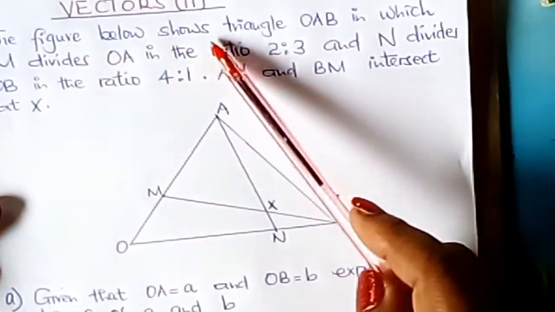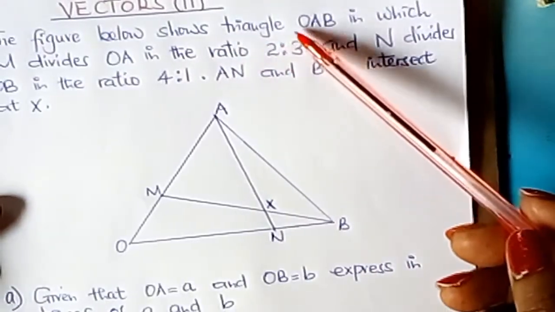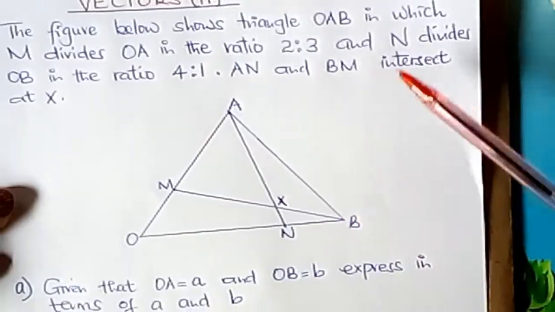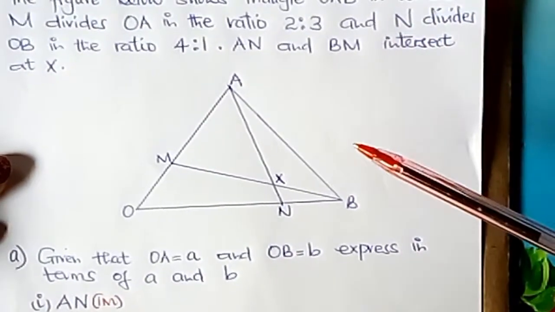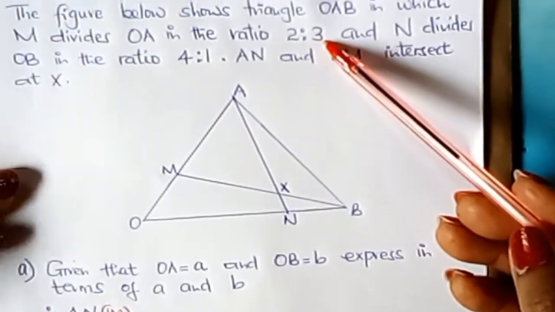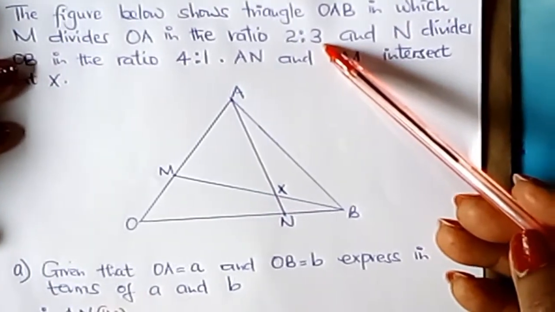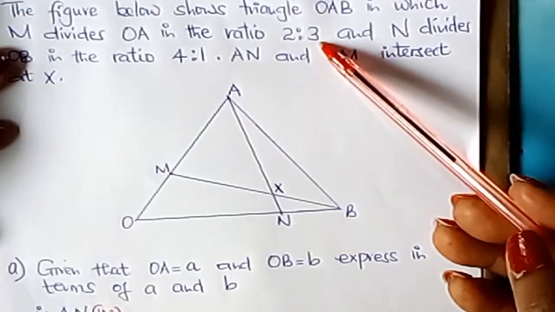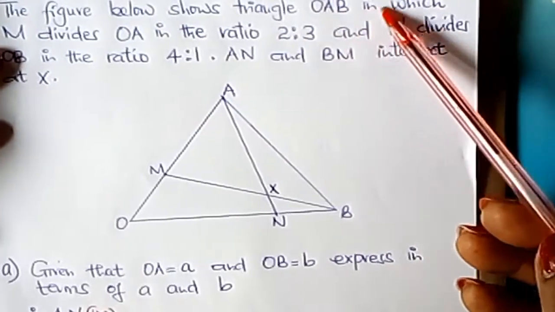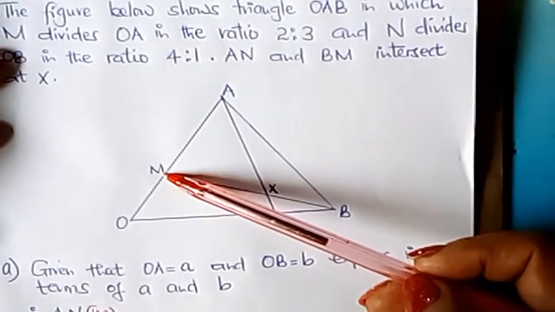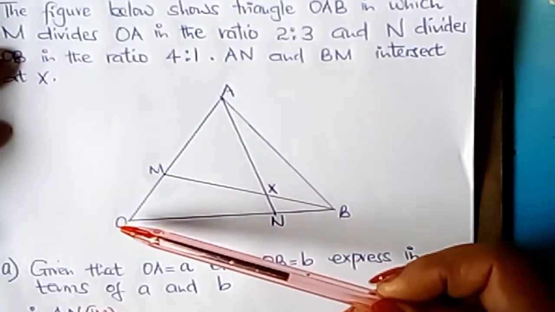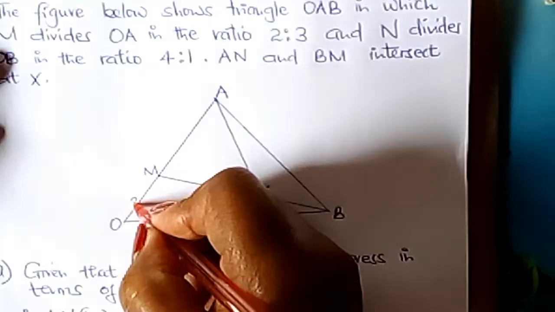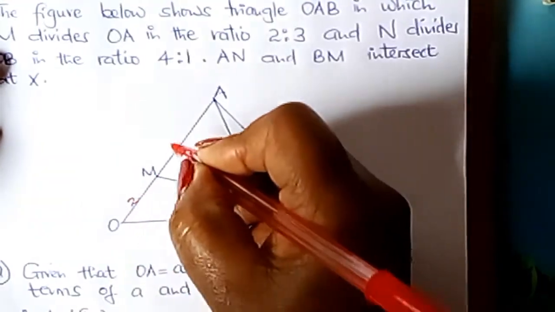The figure below shows triangle OAB, in which M divides OA in the ratio 2:3. Learner, you read slowly as you fix some figures on the diagram. We are told that M, this M here, divides vector OA in the ratio 2 to 3.